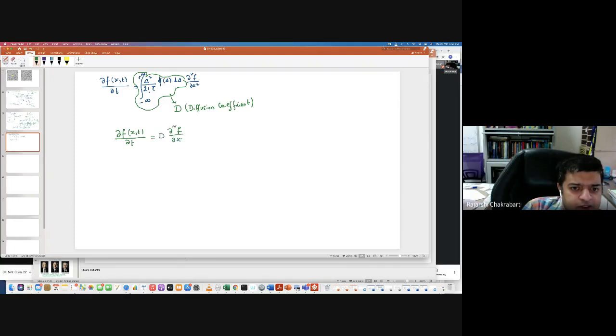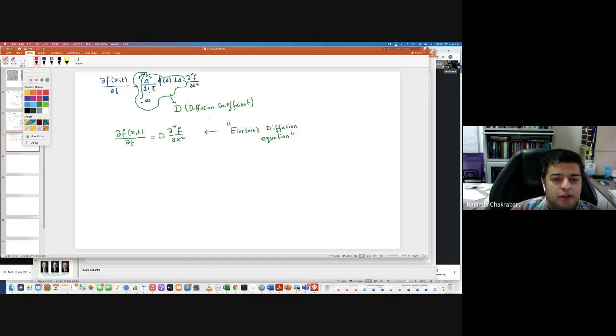Have you seen this equation before? This is called Einstein's diffusion equation. How many of you knew about it? At least knew about it. This is in 1D, of course. I have written it in 1D. How many of you knew about it?